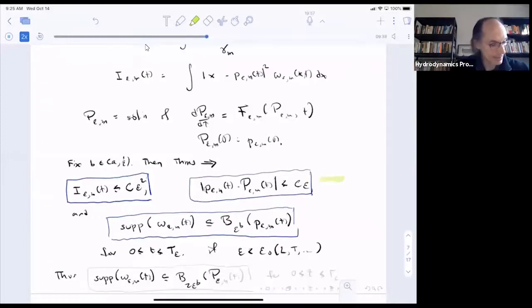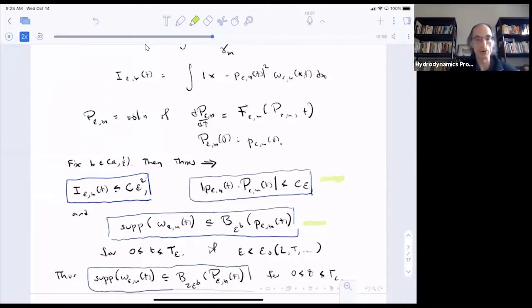Okay, and so by combining these, this one and that one, the support is near the center of vorticity. The center of vorticity is near this capital P who solves the ODE. And so my conclusion is that the support is contained in a ball around the trajectory given by solving the ODE. Here, if I add this epsilon to the b here and this C epsilon here, by the triangle inequality, the distance from any point in the support to P epsilon m is at most the distance from the point of support to the center of vorticity plus the distance from there to P epsilon m.